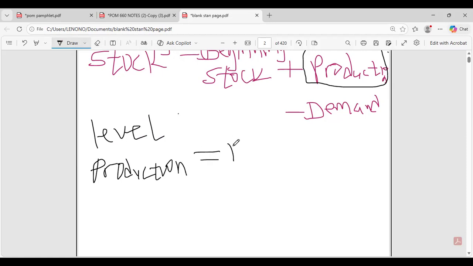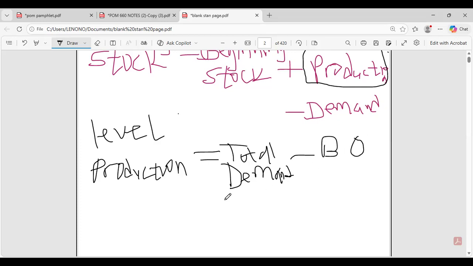Total demand, minus beginning stock, beginning inventory, then divide by number of periods.